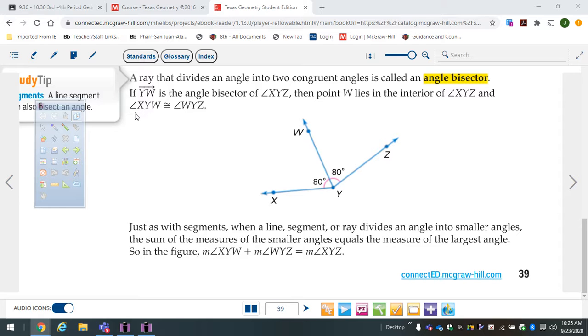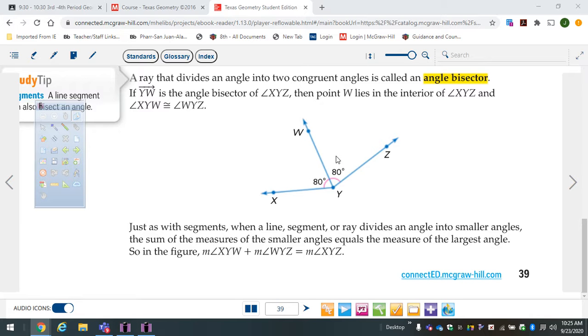And the angles that are made from that cutting it in half, which are angle XYW and angle WYZ, that little line right there means that they're congruent. So FYI, if you know this one bisects the bigger angle, those two smaller angles are now congruent.